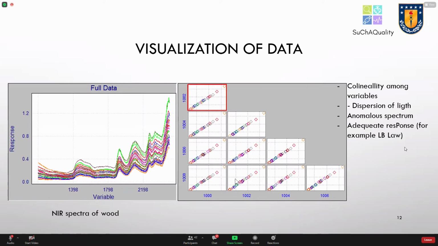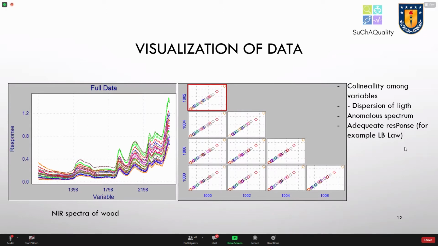For example, I selected just four wavelengths, and we can see that they are very, very correlated. And this is a problem for analysis of data. It's called collinearity. And collinearity is a problem to be solved during the pre-processing and transformation of data.